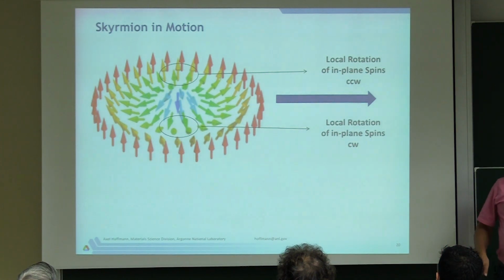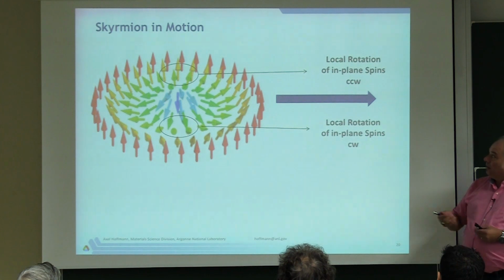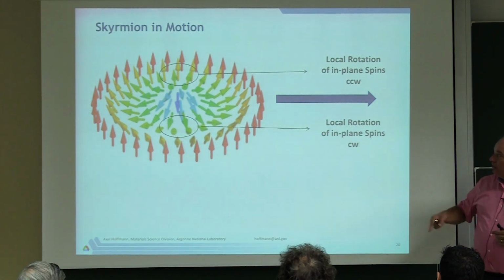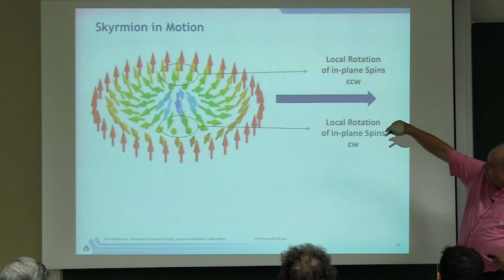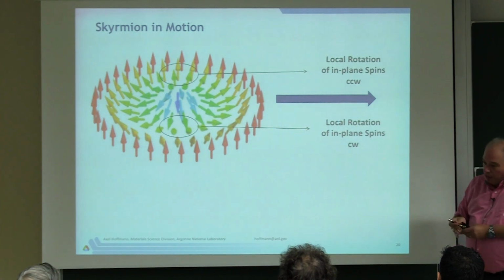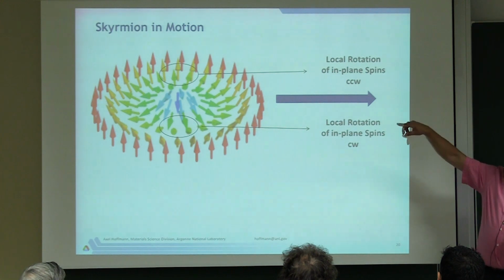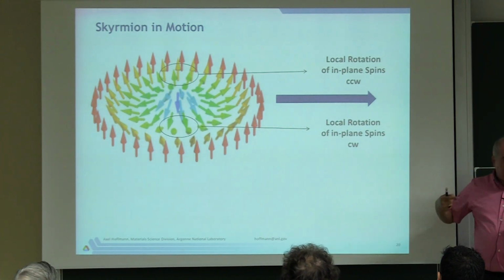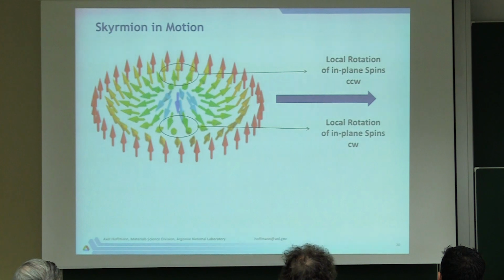Now, this, in essence, looks like the magnetization is locally exposed to a field that points in the plane on the top, which makes the magnetization rotate that way, while it's opposite on the bottom. You don't have to take a picture, you record this. You can watch it, that's just what you want in the end.